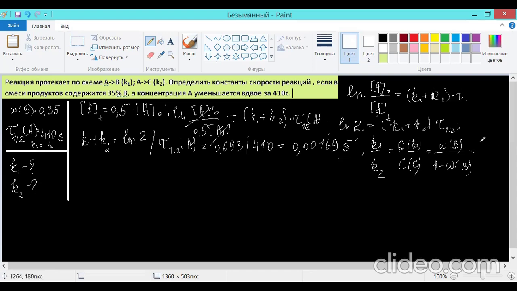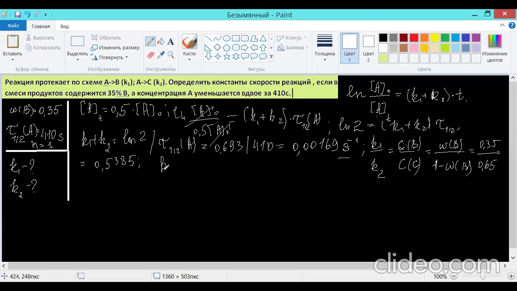It's very good. 0.35 and 1 minus 0.35 gives 0.65, right? And this ratio equals 0.5385.